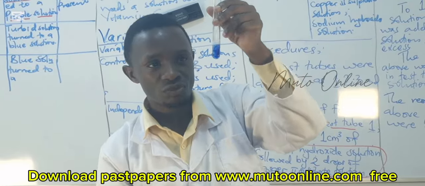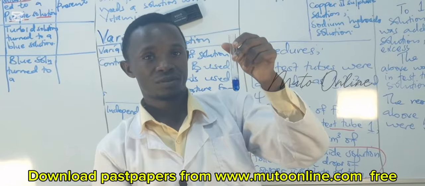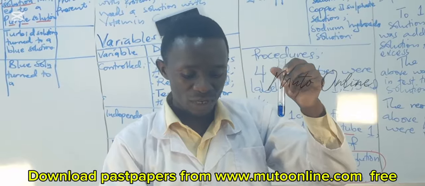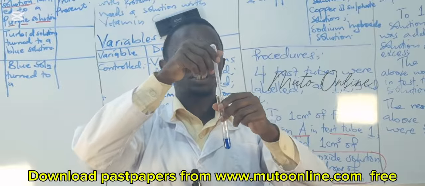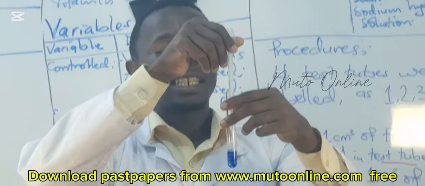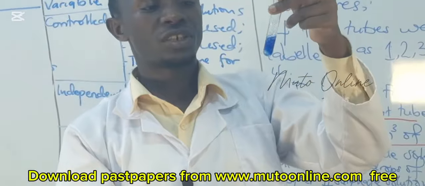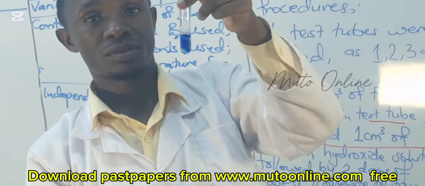The blue solution is remaining a blue solution. You can add until you feel you've really added excess. The solution is not turning. Much as you've added a number of drops, the solution is remaining a blue solution.